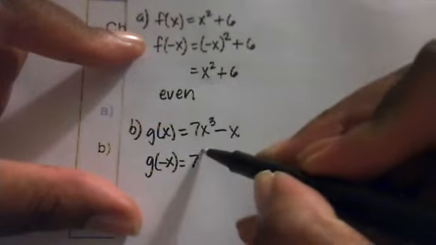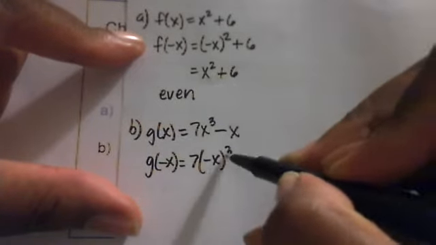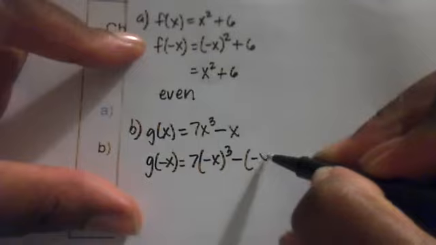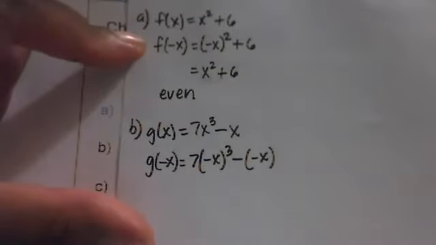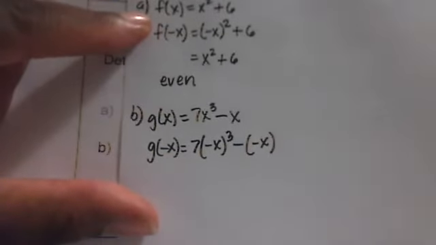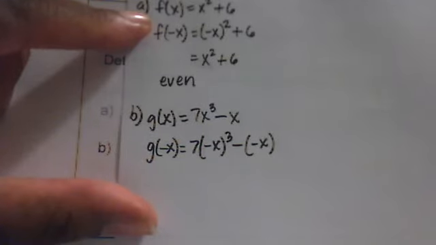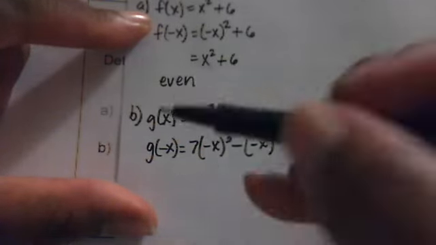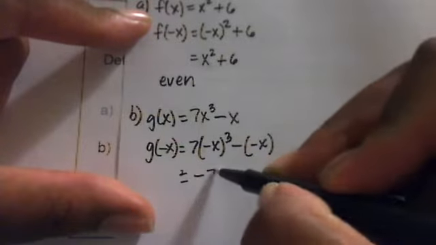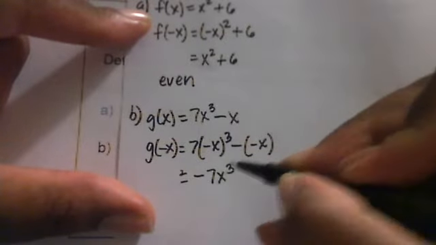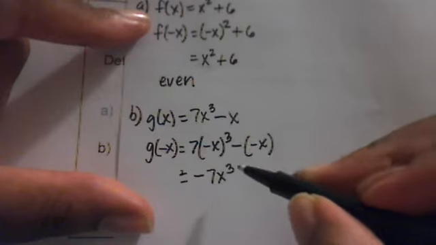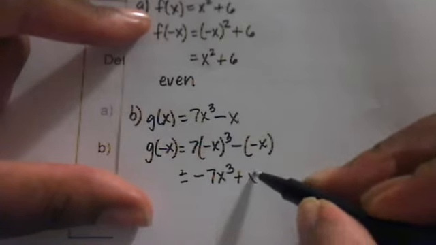So that means we're going to have 7 times negative x cubed minus negative x. Now negative x cubed is negative x times negative x times negative x, so it'll be negative 7x to the third. And then minus the negative x will be plus x.